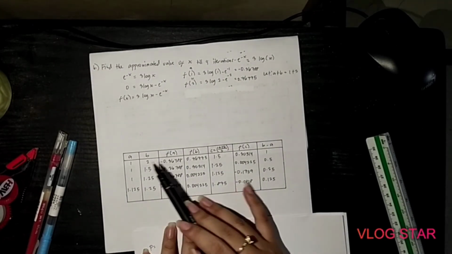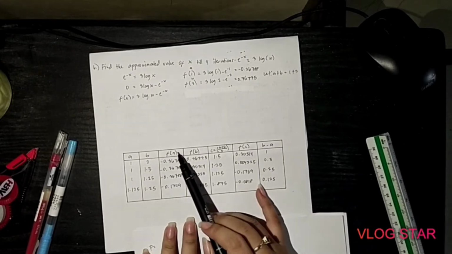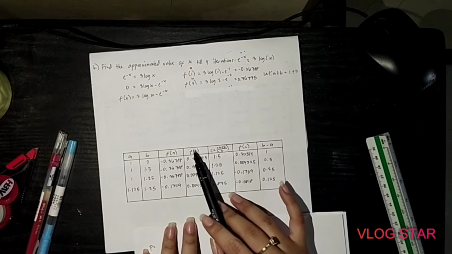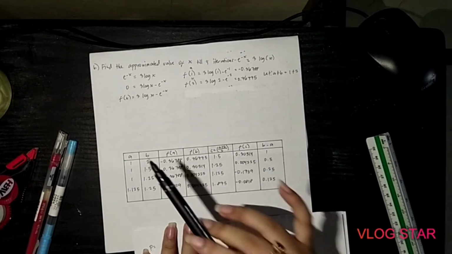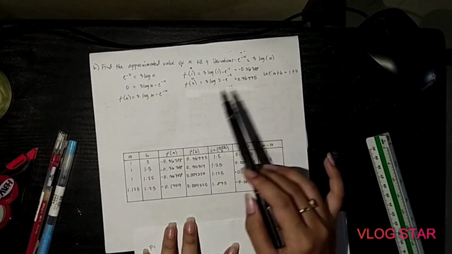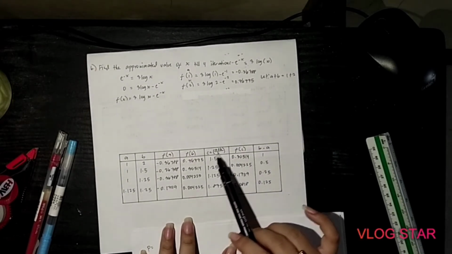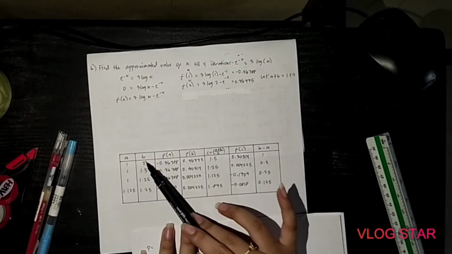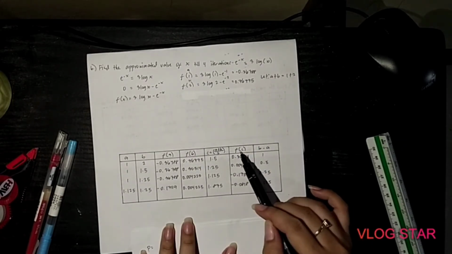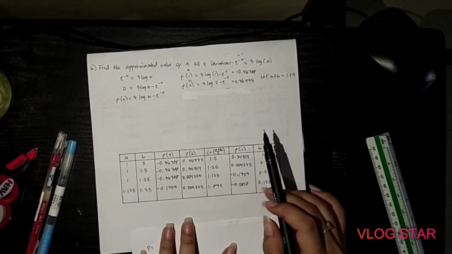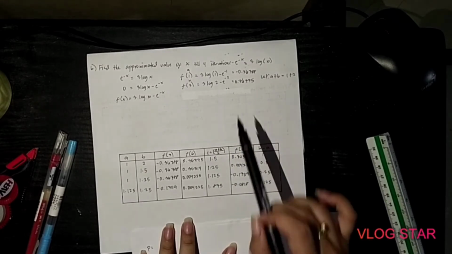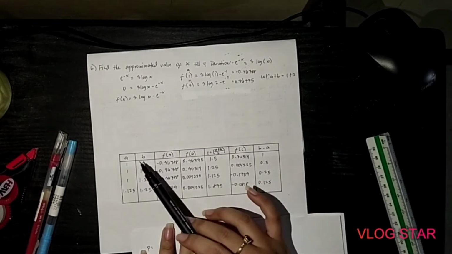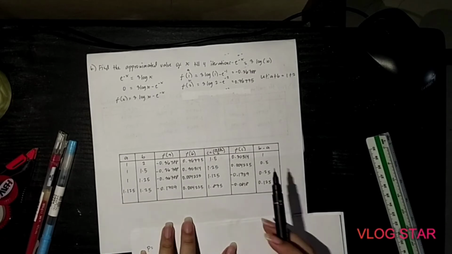You'll have the a, b, the f of a, which is the result of substituting the value of a in the function, the f of b, which is the result of substituting the value of b in the function, then c equals a plus b divided by 2. Then we have f of c, if we substitute this value to the x in the function, and b minus a.